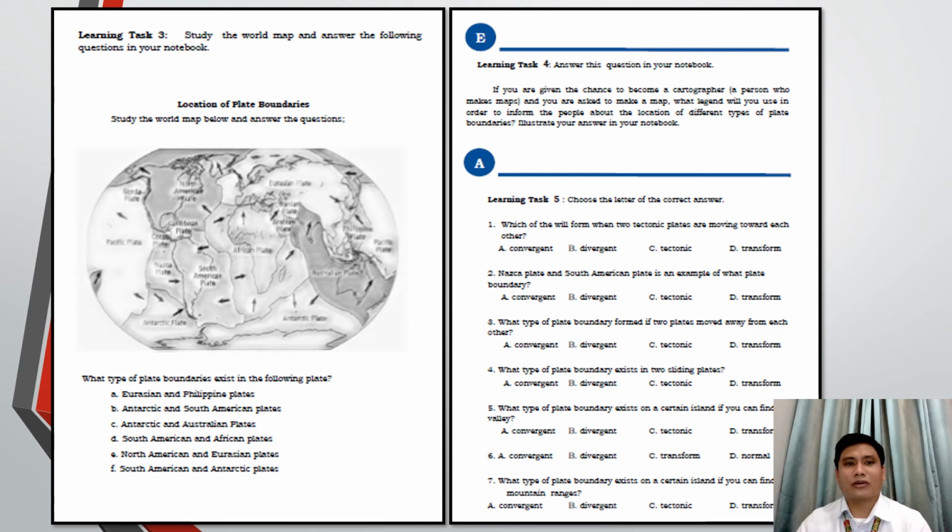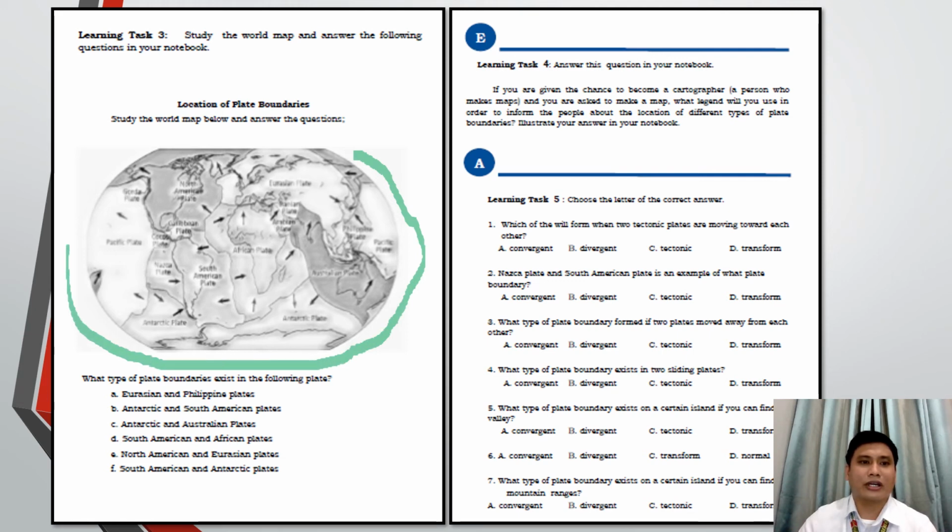An example of a figure is already given here, the location of plate boundaries. In this map, the cartographer used arrows to represent the movements of the different plates.